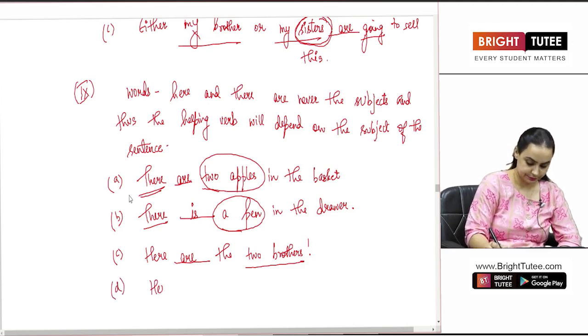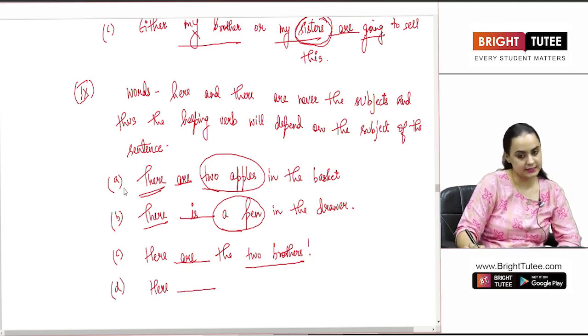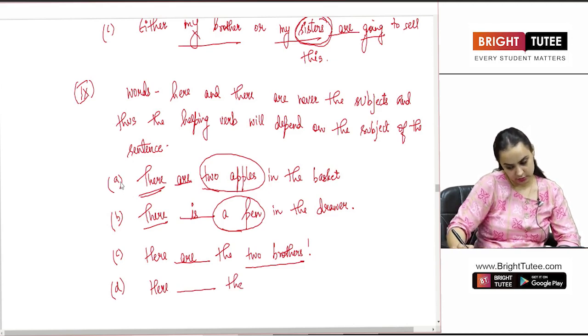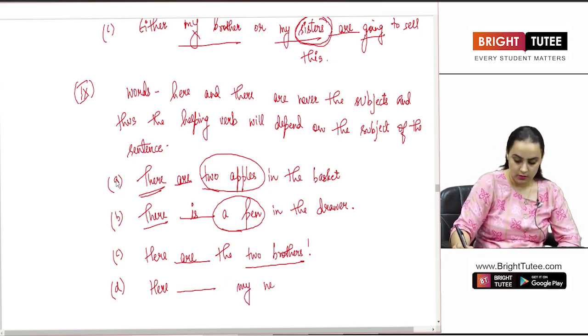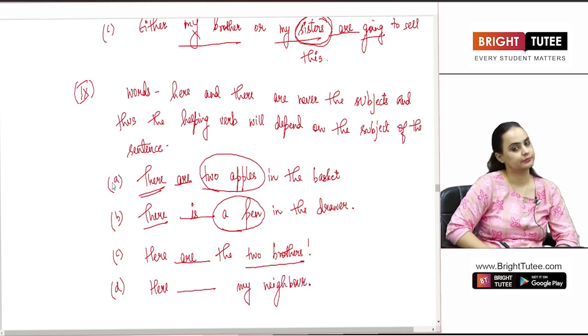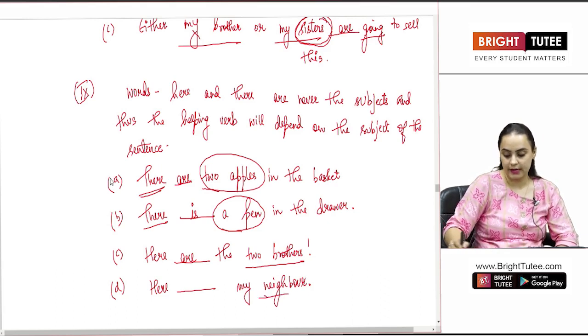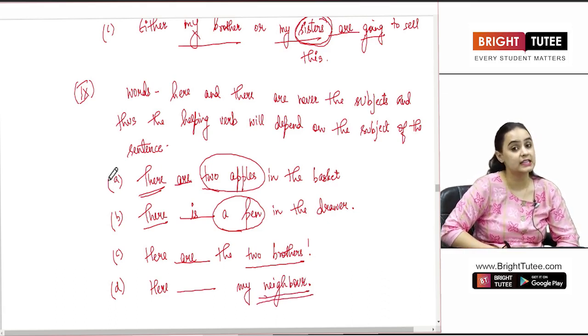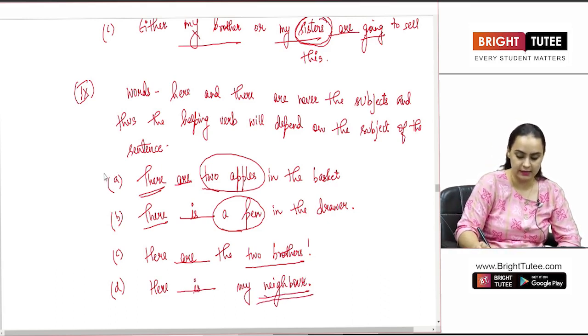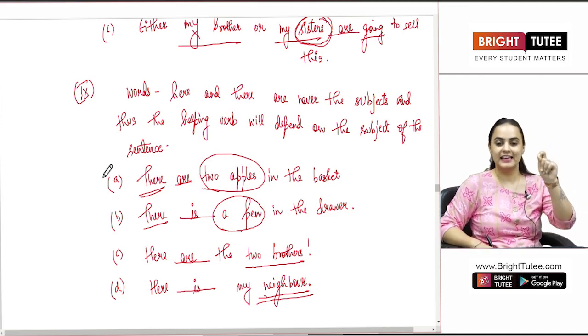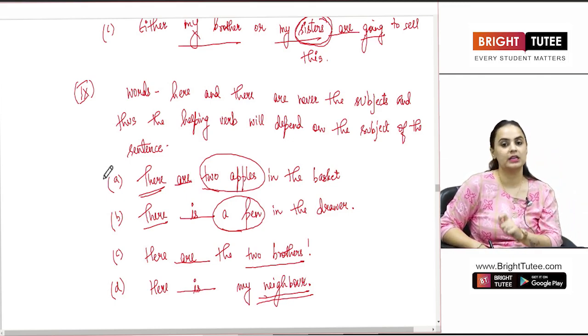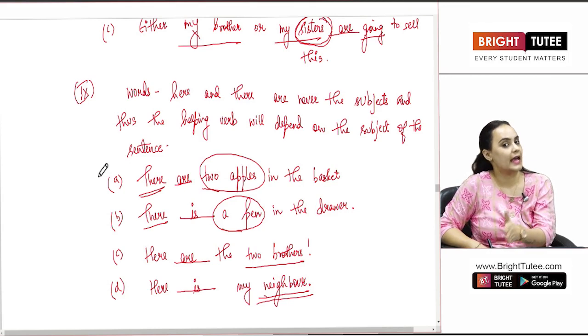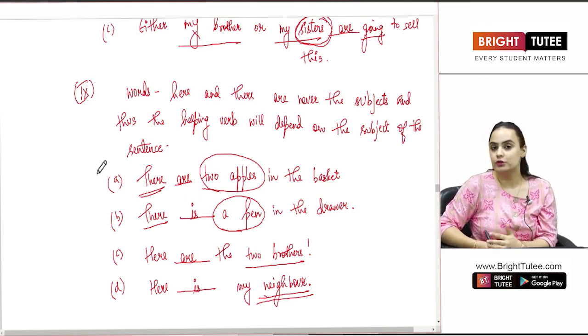Similarly, here is my neighbor. What is my subject? Neighbor, which is singular. So, is.